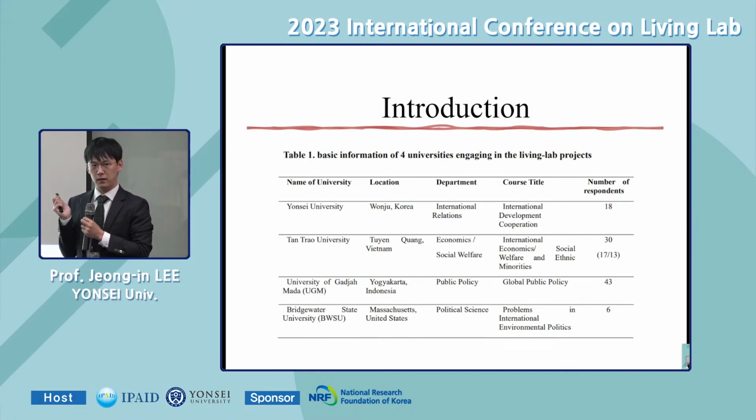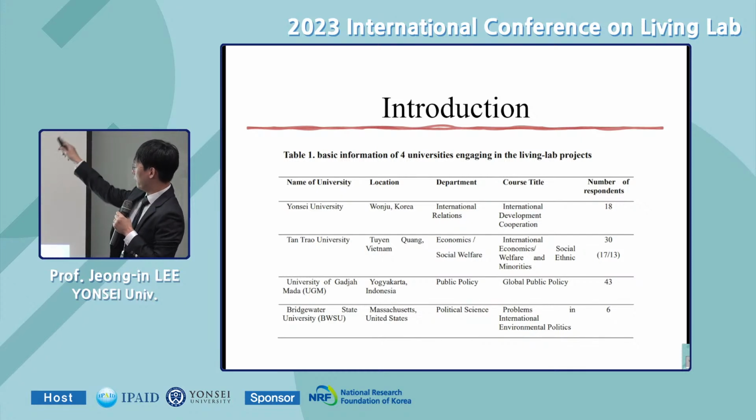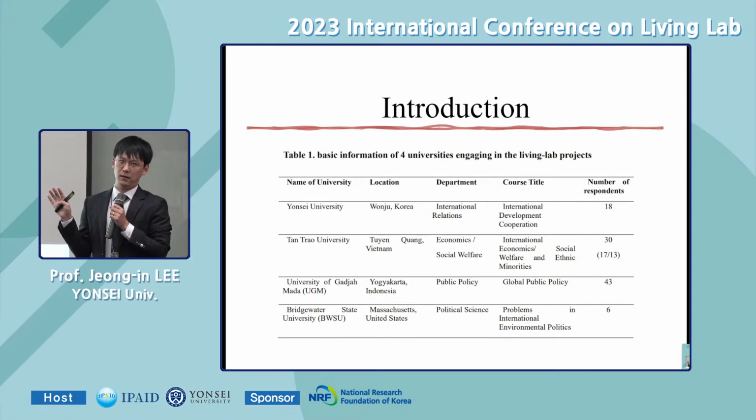For example, in the case of Yonsei University, we asked the students to participate, but some of the students declined for some reason. We opened all the possibilities, so we accepted this. So the number of respondents is a little smaller than the participants in each class.